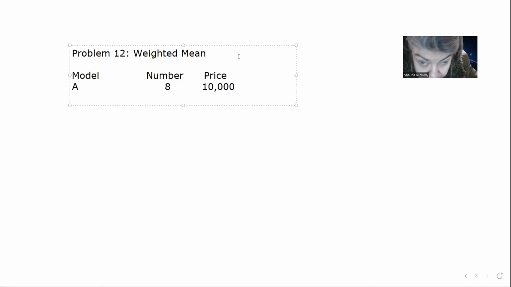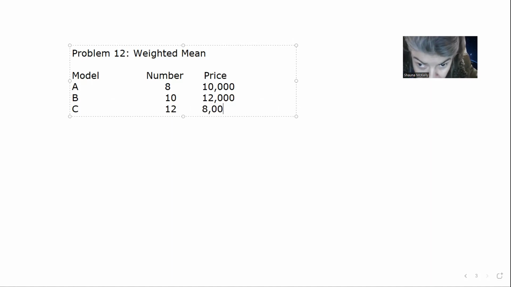Then you have model B. There are 10 of those. They sell for $12,000 each. And then you have model C. There are 12 of those. They sell for $8,000 each.